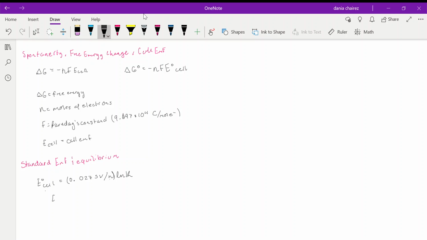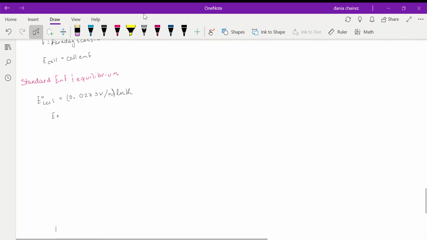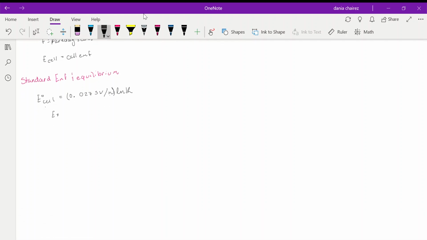So we have the formula. Let me give myself more room before I mess myself up. That should say example for EX. So we have zinc plus copper 2 plus yields zinc 2 plus copper. Then the problem would tell me that the E naught cell overall is equal to 1.101 volts.